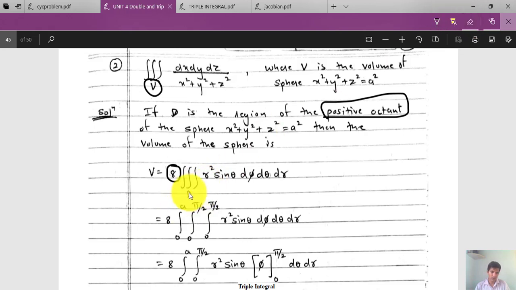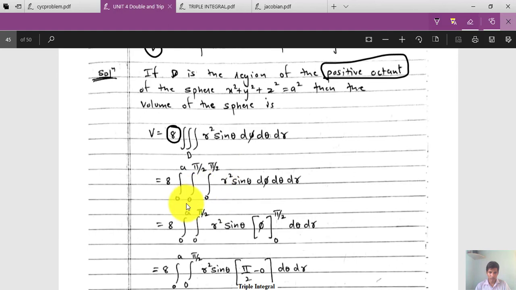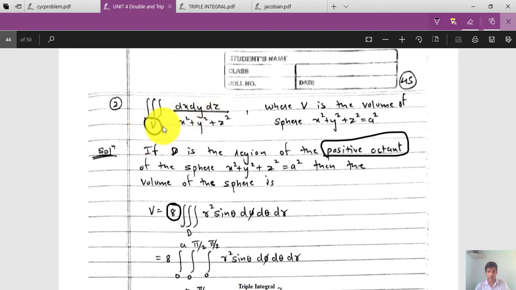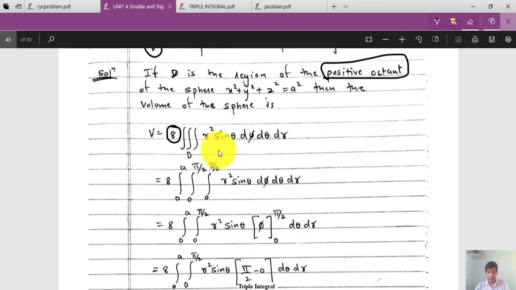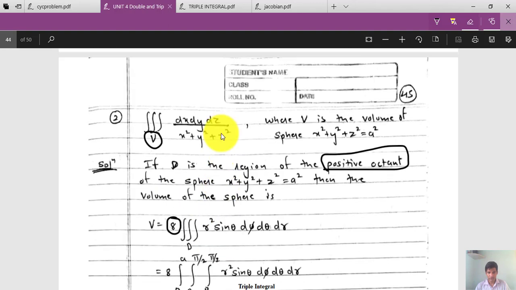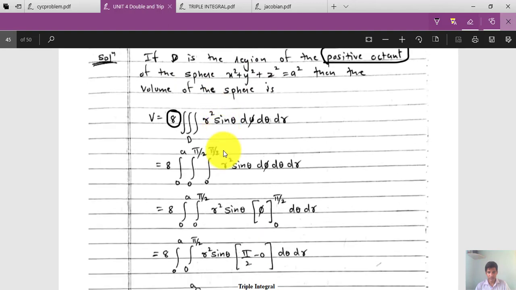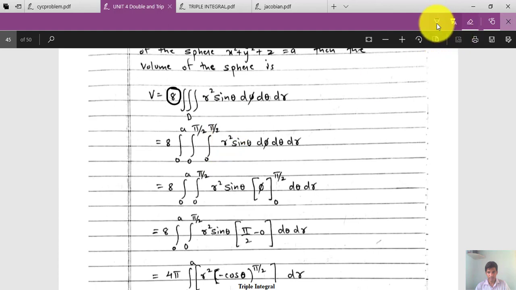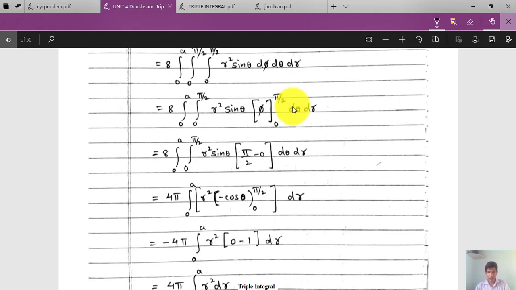Since it is the positive octant, the limits are 0 to pi by 2, 0 to pi by 2 and 0 to a, into 8 times, right? So that I can find the complete volume of this given function. Definitely here dx dy dz can be written as r square sine theta d phi d theta dr. Similarly, I hope you can evaluate this.